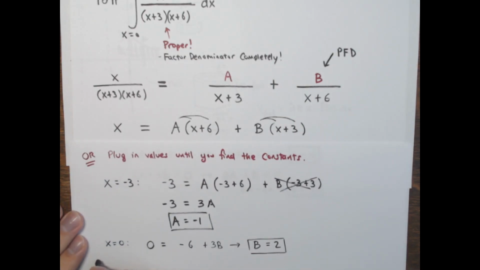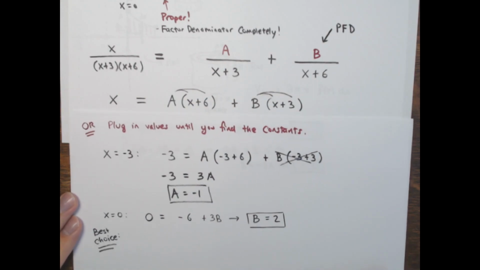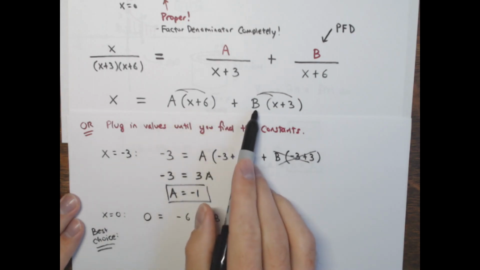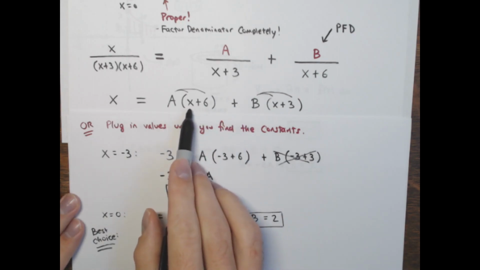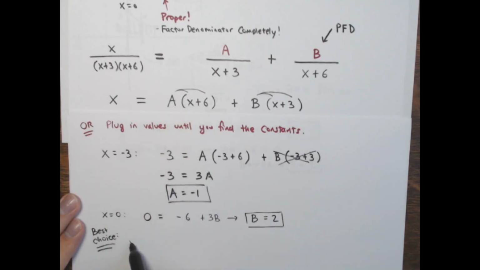But of course, the best choice here, and I just showed you don't always have to make the best choice, but it'll be a lot faster if you do. You might have to plug in multiple values until you figure out what the value of a certain constant is. But the best choice here, if I wanted to find b, just plug in -6 for x, right? That'll make this a term disappear.